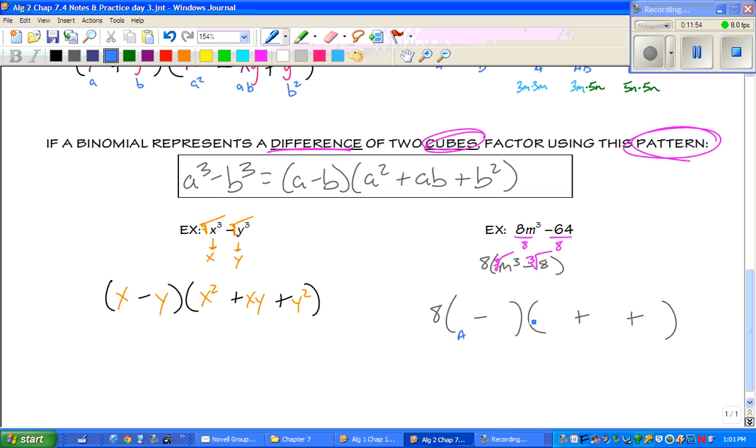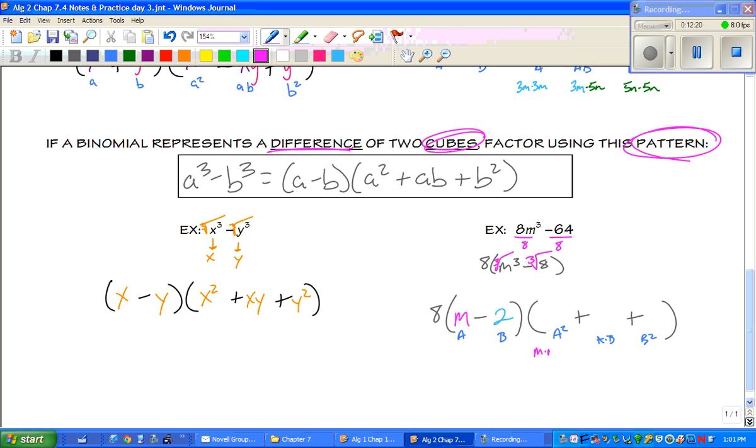If you still want to write a squared, a times b, and b squared, we know that the cubed root of m is just m, and the cubed root of 8 is 2.